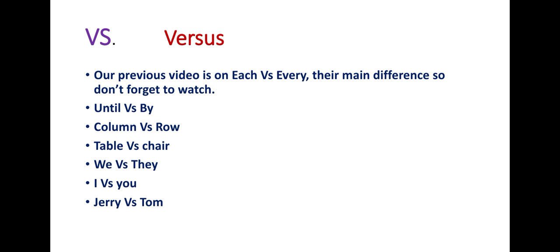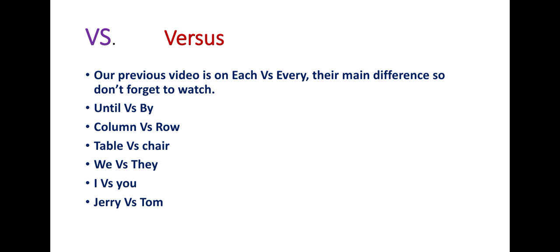So vs, versus, can be used for the difference between two terms, and can be used for a competition between two people, between two groups, and between peers. For example, to explain the difference between until and by, we can use until vs by, column vs row, table vs chair.